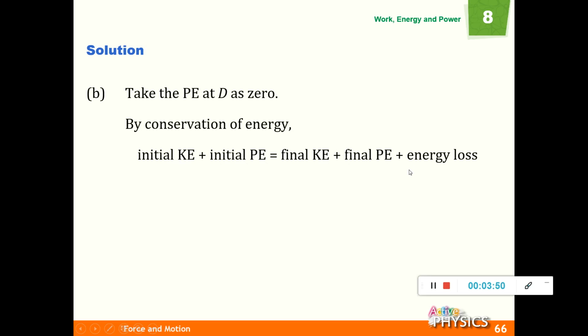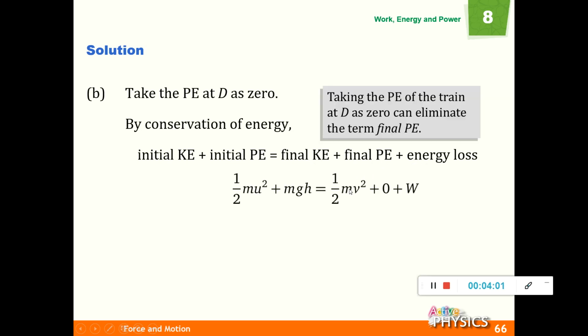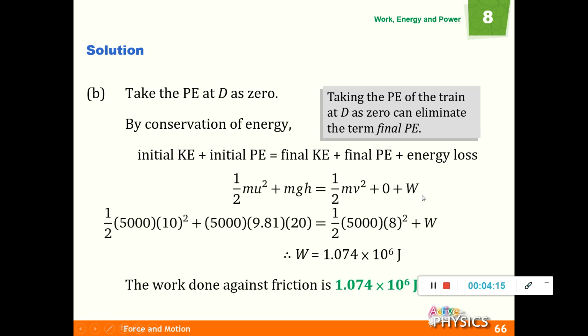At the same time, during this process, we have energy loss. Energy loss should be the outcome, the result on the right hand side. Then list all equations out: initial KE, initial PE, final PE, and final KE. In between, we have the work done, W. Then put everything into it, find out the calculation. This one will be the final result.